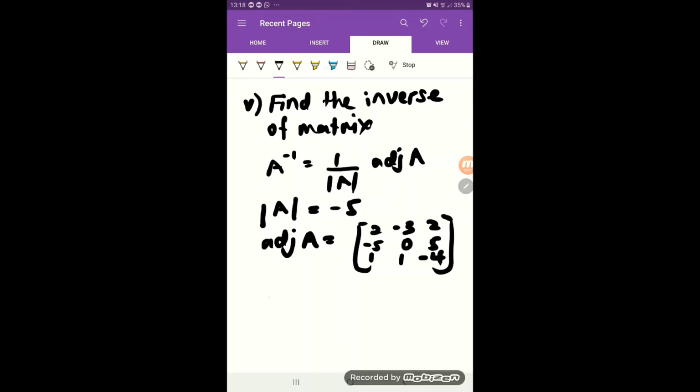So the inverse of A, this is the symbol of inverse of matrix A, is equal 1 over determinant of A, which is -5, multiplied by adjoint A: 2, -3, 2, -5, 0, 5, 1, 1, -4.